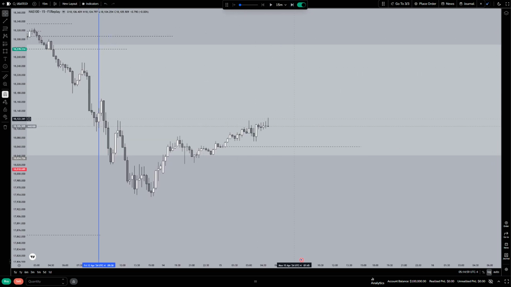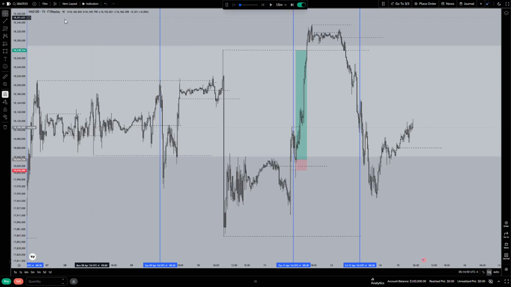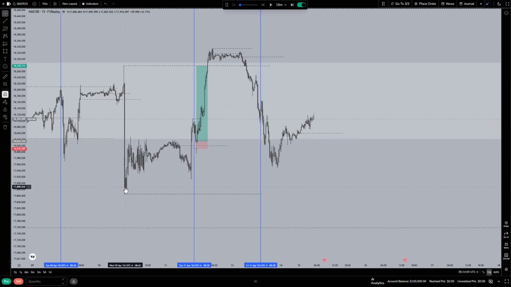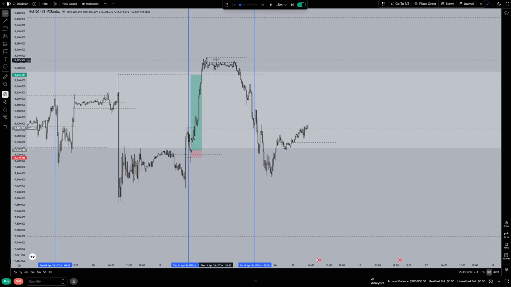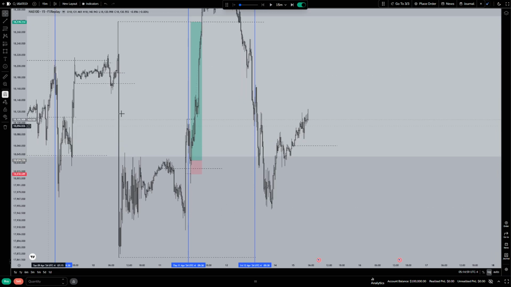So previous day's lows could be a really good draw on liquidity here. And the sole reason as to why I think that is because we have multiple lows here that are left. And I think that's what the draw on liquidity is. Unless we want to go back up here, I kind of doubt it though.